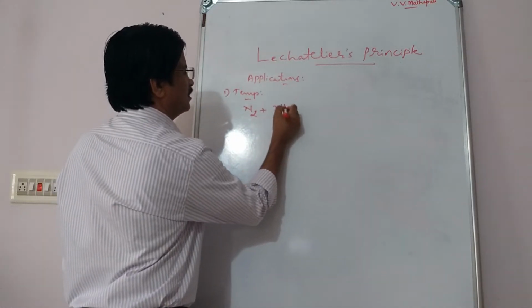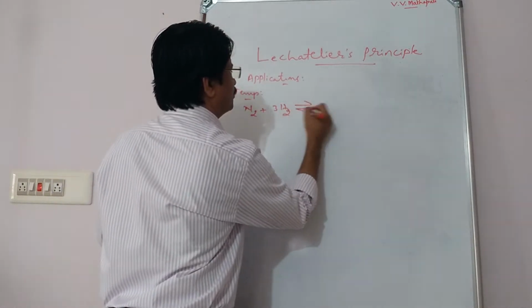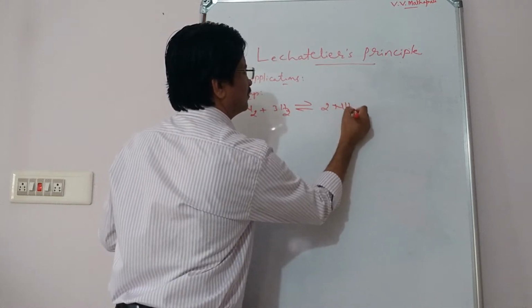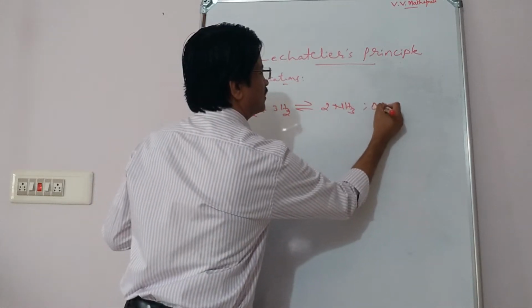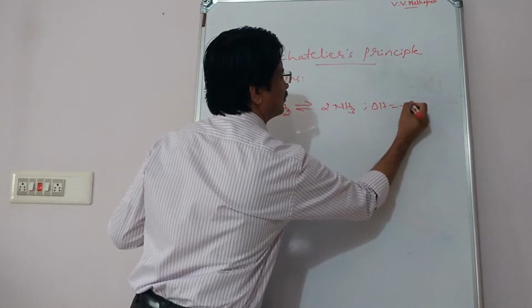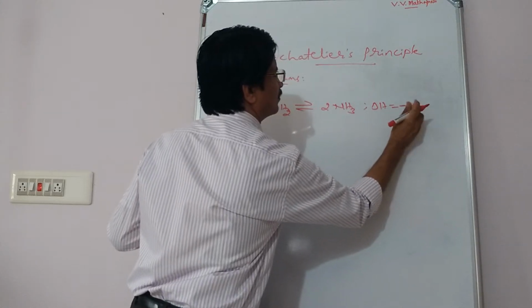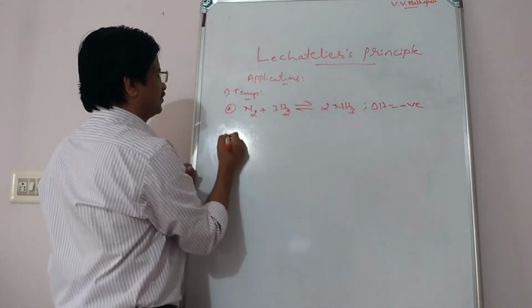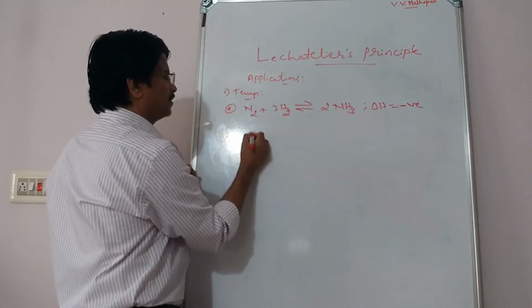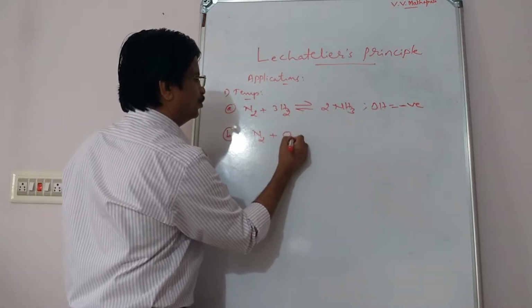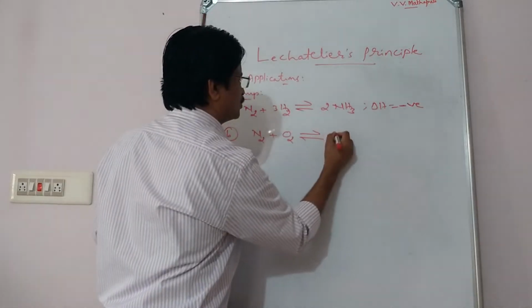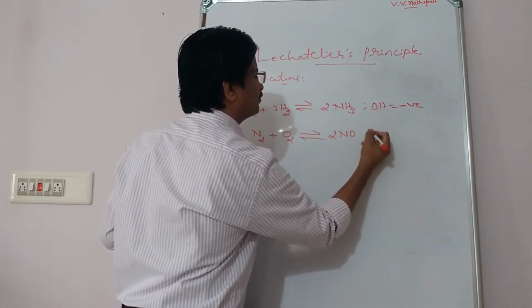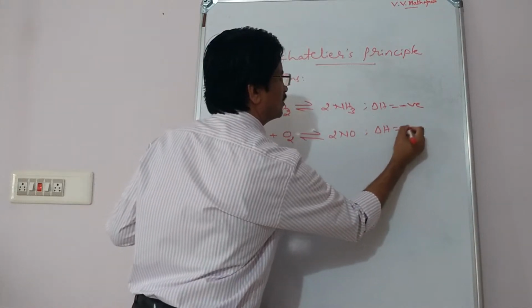N2 plus 3H2 reversible to 2NH3, delta H equal to negative. B: N2 plus O2 reversible to 2NO, delta H equal to positive.